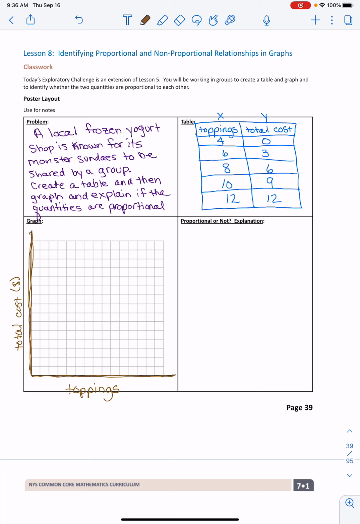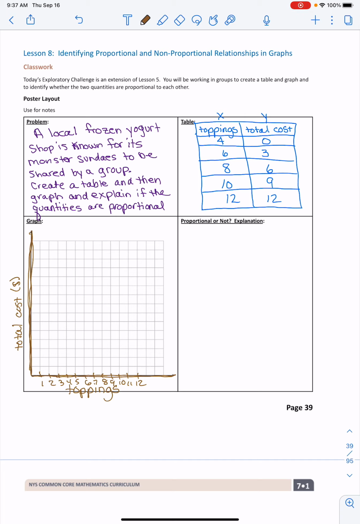So for toppings, we have to go up to 12. So I am going to go one, two, three, 4, 5, 6, 7, 8, 9, 10, 11, 12.